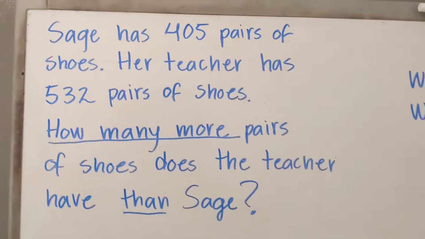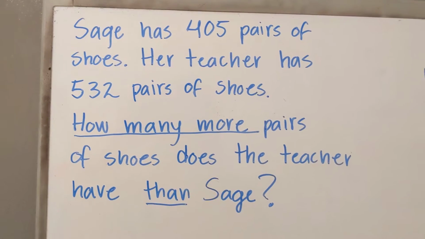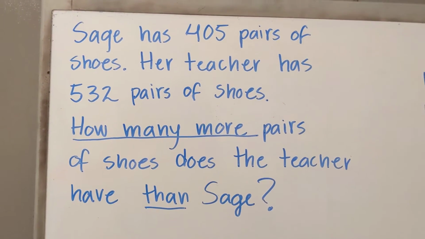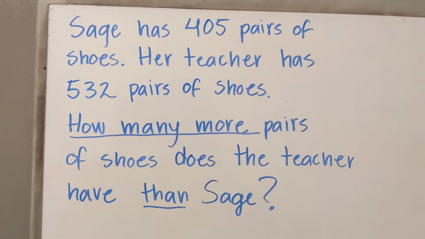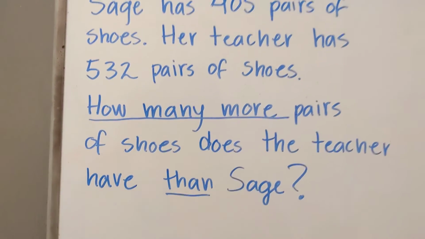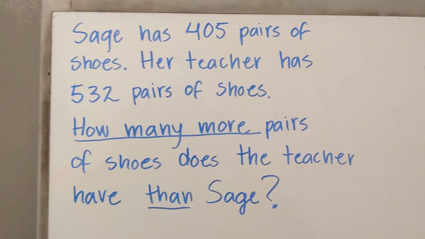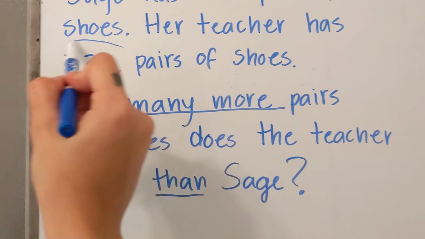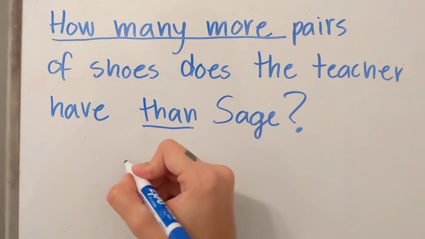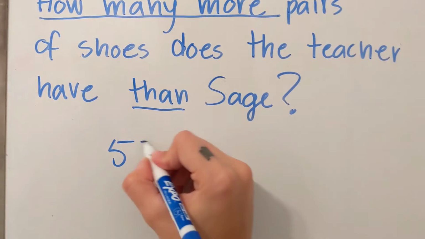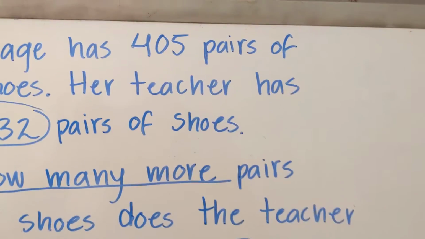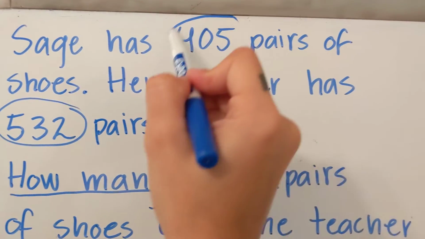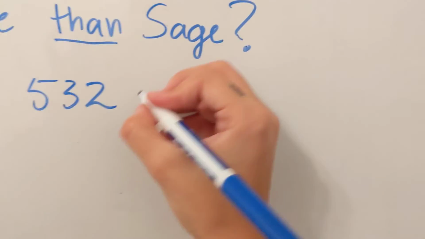In this case, this problem is talking about Sage and her teacher, and how many shoes they have, right? And they want to figure out who has more, who has less. Because we already know it's subtraction, I'm going to take the bigger number, which is 532, and I'm going to subtract 405.